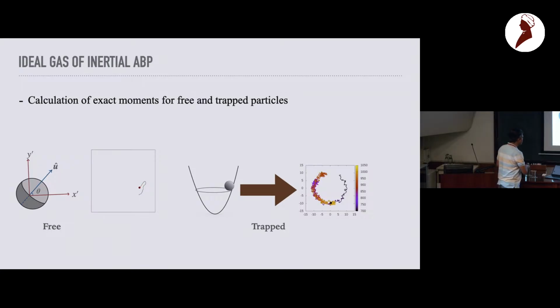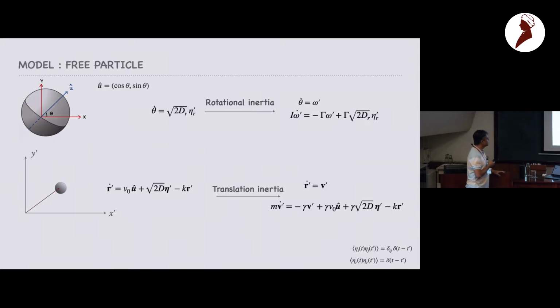So you can think about a free active Brownian particle, and an active Brownian particle in a trap. And how do you do that? Of course, like overdamped, you just write down the equation for theta. Underdamped, you write down the equation for orientation and the angular velocity.